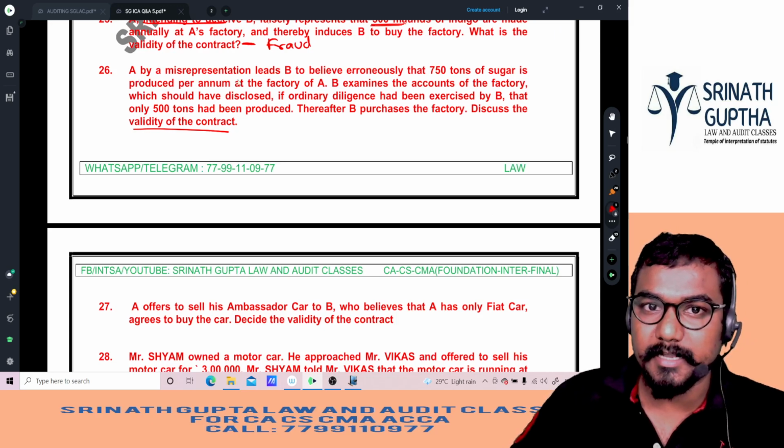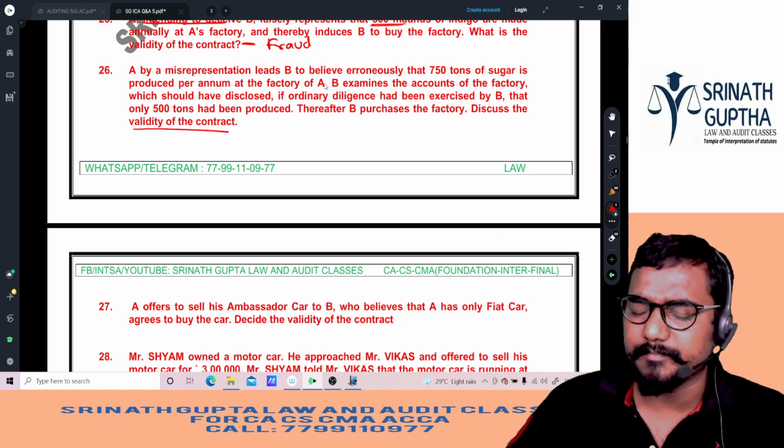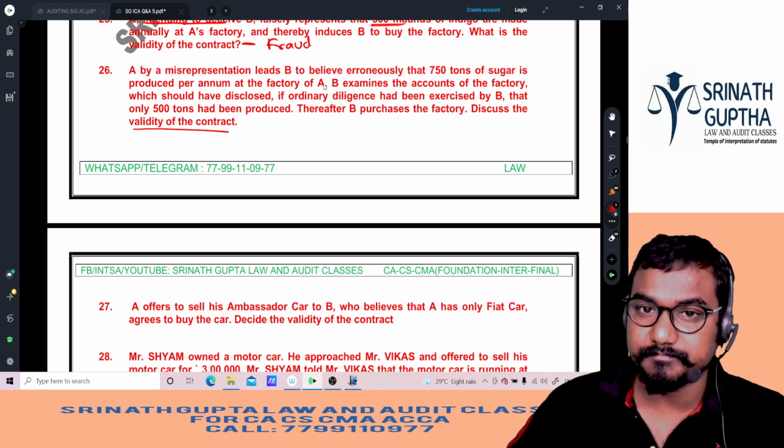A by misrepresentation leads B to believe erroneously that 750 tons of sugar is produced per annum at the factory of A. So A was misleading. A said to B, my dear B, from this factory we can produce 750 tons of sugar.